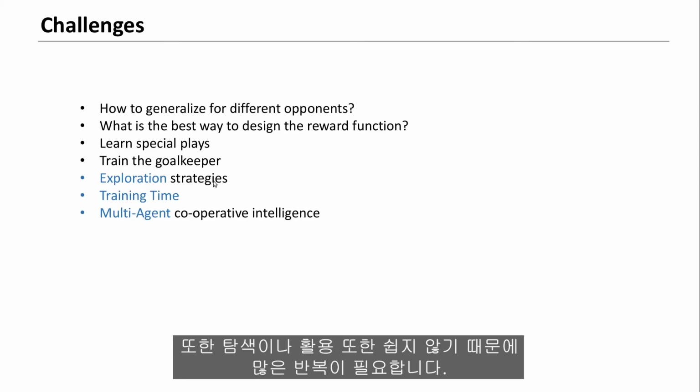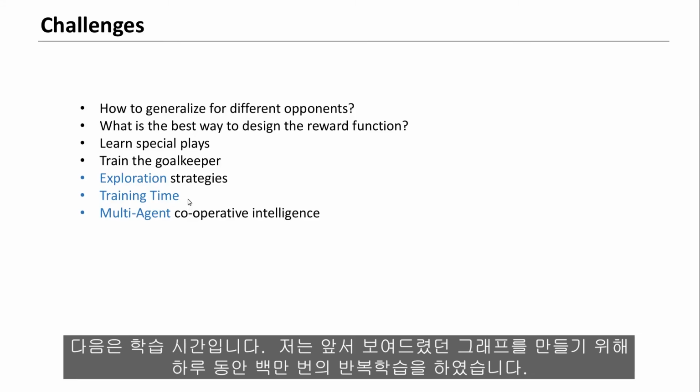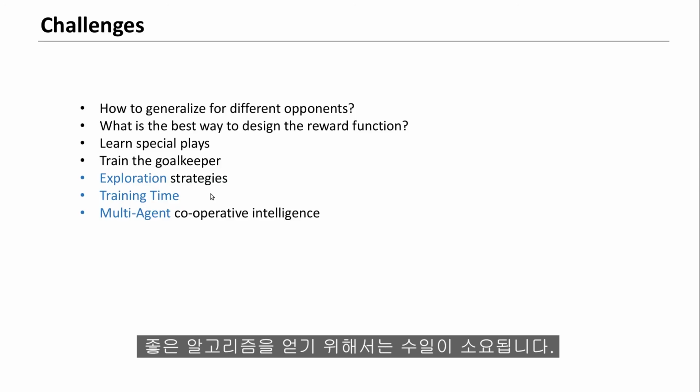Exploration and exploitation that I presented before is also a challenge, so you should know how much exploration you need to learn effective policies. And the training time. I trained for 1 million iterations for the graph that you have seen, and that is around 1 day of training. So to train, you probably need to train for multiple days to get a good algorithm.